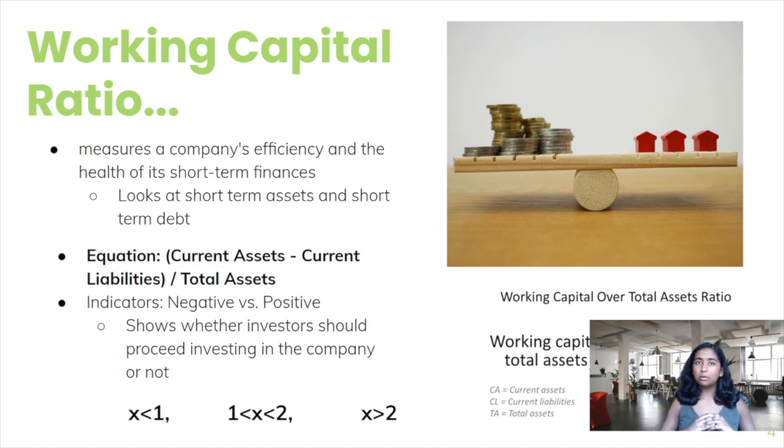If a working capital ratio is between 1 and 2, that's the perfect working capital ratio to look at because there's enough assets to cover a company's liabilities while also distributing profits as dividends. If a working capital ratio is higher than 2, that means a company is letting their cash reserves sit idly instead of reinvesting them as profits and as dividends to their stockholders, which isn't a good sign.